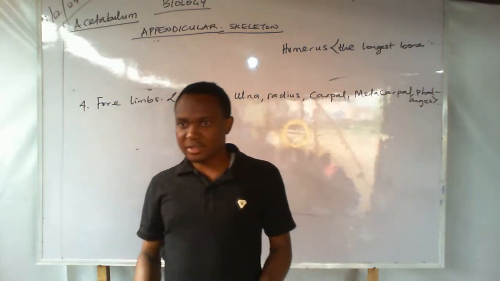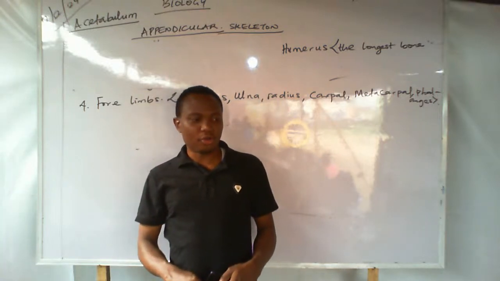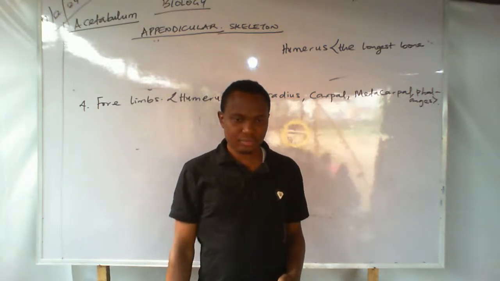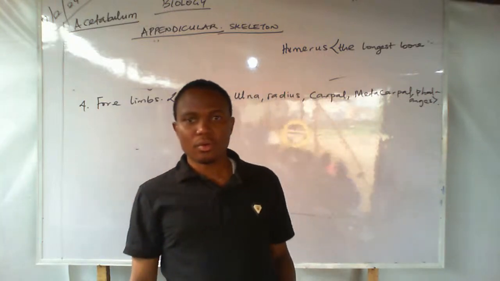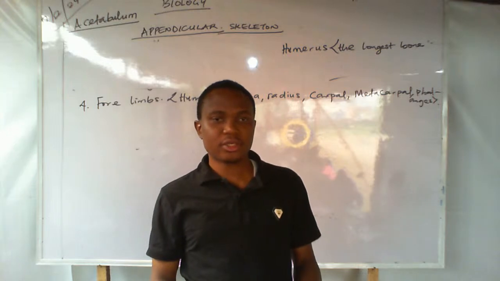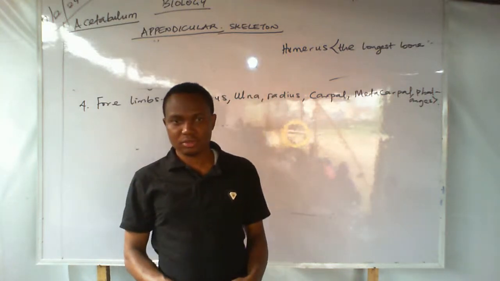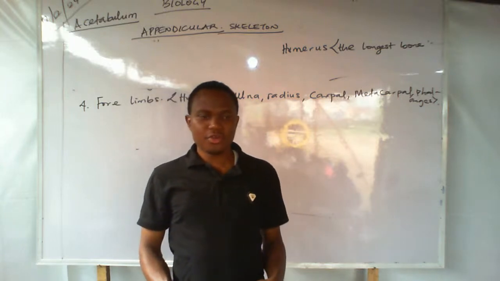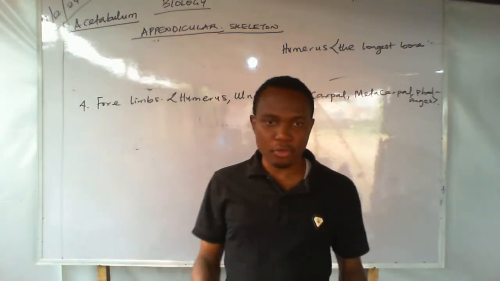Close your bracket and let's continue. Bone of the four limbs, comma, which forms joints with the ulna and radius called the elbow.